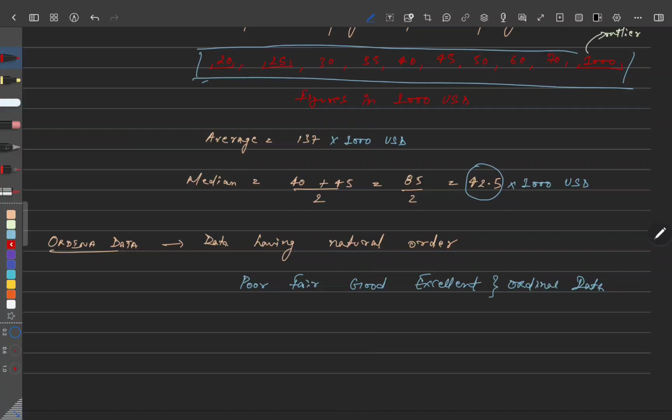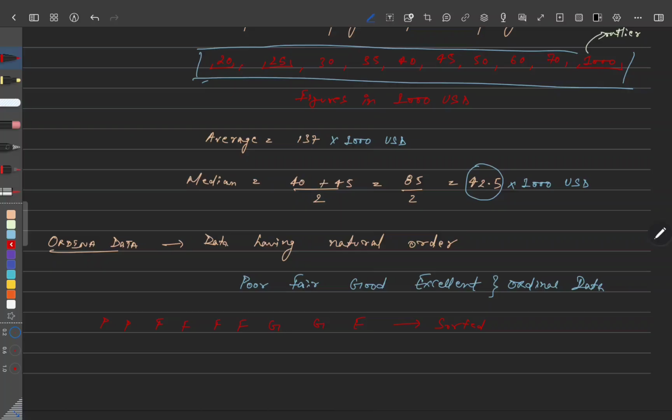So let's have the actual data now. So poor, fair, fair, good, excellent, and you can see that this data is already sorted.